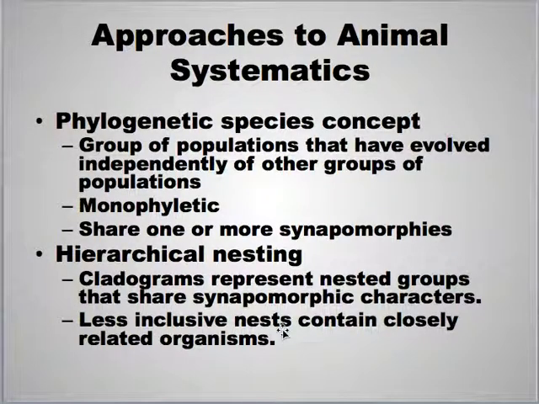Now, phylogenetic species concept, all that says is that populations have evolved independent of other groups of populations. That doesn't mean that a population is not impacted by its environment.